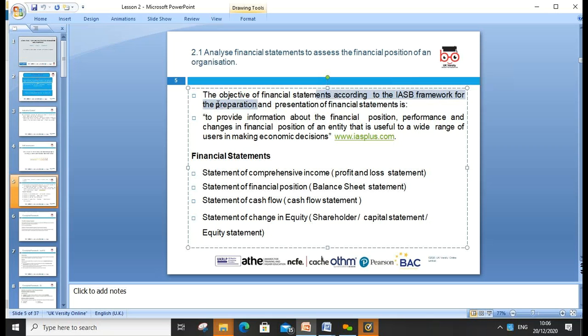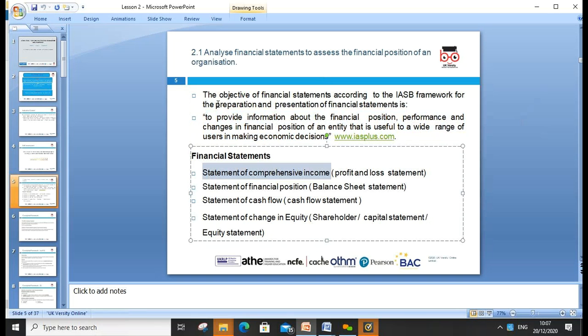So what do financial statements provide? They provide information about the position, performance, and changes in the organization, and we can make a decision either to invest or not invest, apply for jobs in this company or not apply. Because it's always good to look at the company's financial position. If the company is not financially strong, maybe they're not even able to pay your salary.